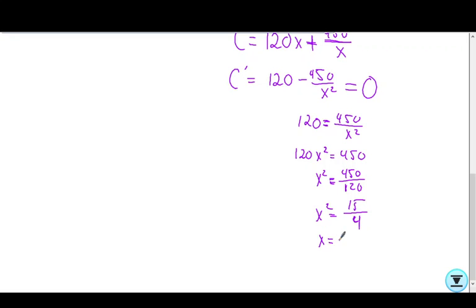So x equals the square root of 15 over 4, or the square root of 15 over 2, which is approximately 1.936.